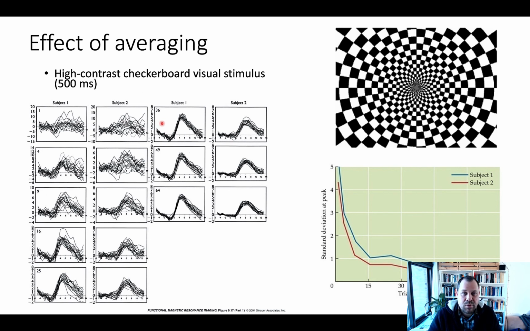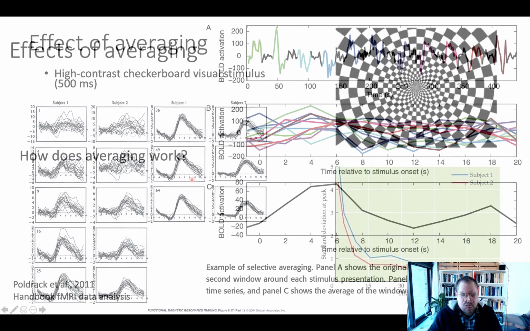So we should repeat each trial in the fMRI experiment about 36 times to get a good resolution BOLD response with little variability. So once we start averaging across trials, we can actually get a good representation of the BOLD response to the stimulus that we're interested in.